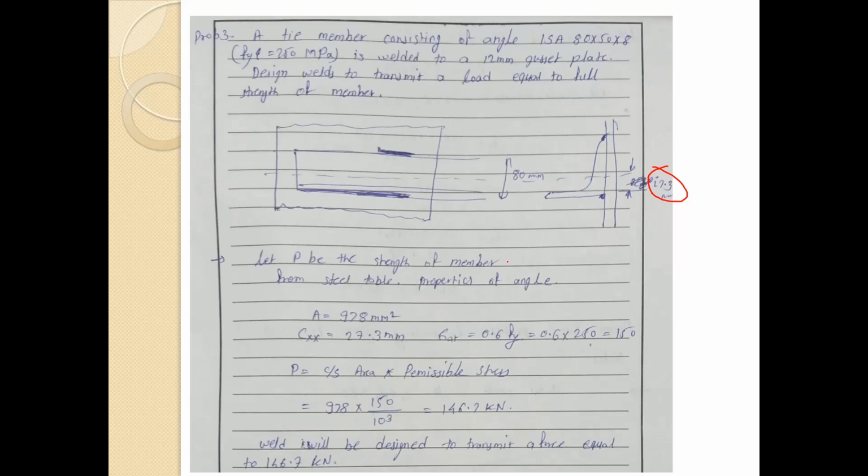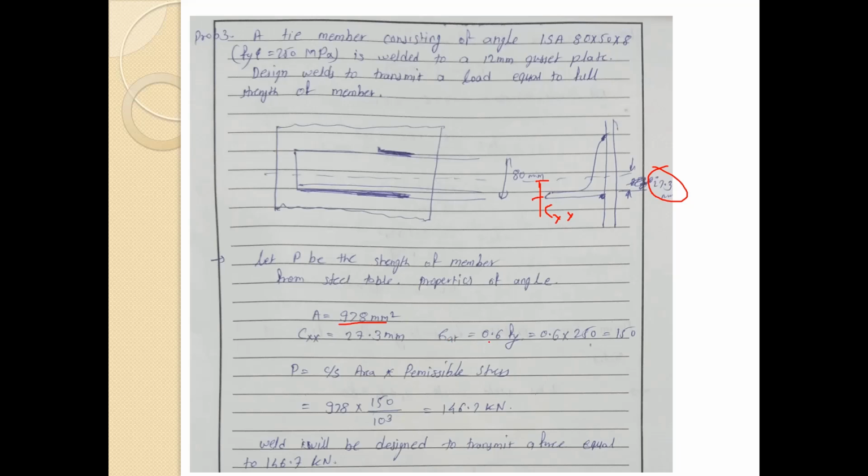From the steel table, the properties of steel section: area of the member is 978 mm², and Cxx, this distance, which gives the CG of that particular member in x direction.